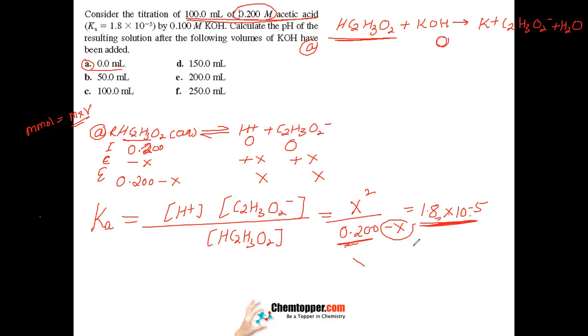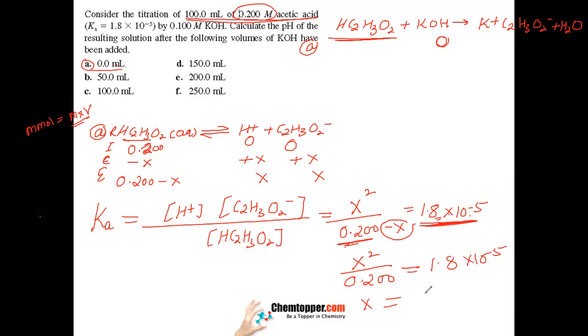So I can approximate it like X square divided by 0.200 as 1.8 times 10 raised to the minus 5. Get the value of X, children.